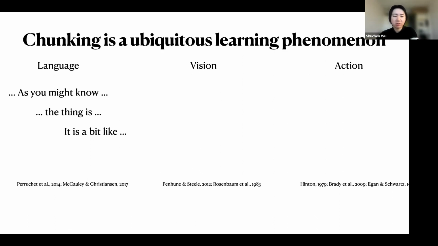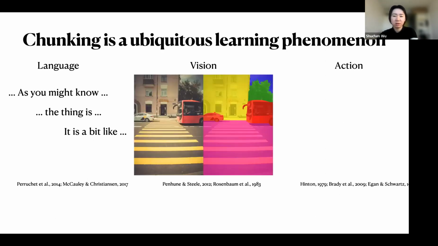Chunking is also a phenomenon in vision, although it's less salient to discover. If you see visual sensory input as a high-dimensional sequential input, then as a baby growing up you have been exposed to a lot of sequential visual information.